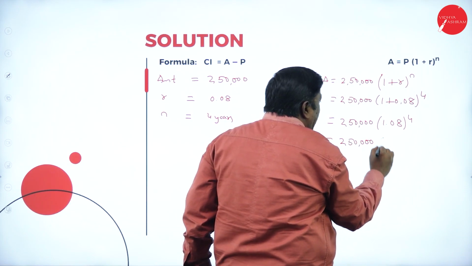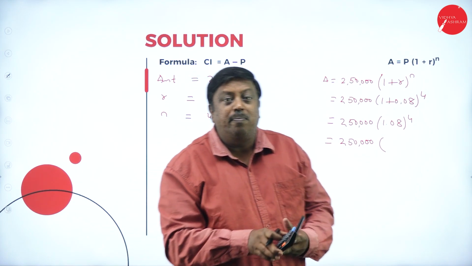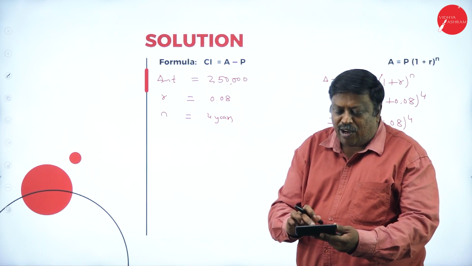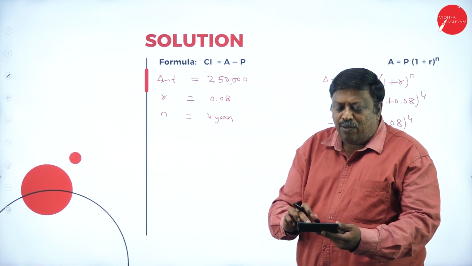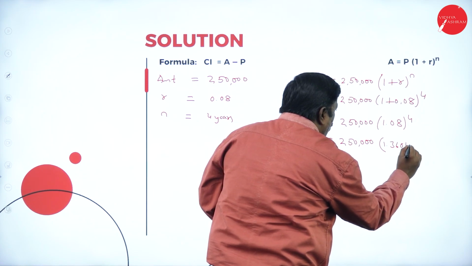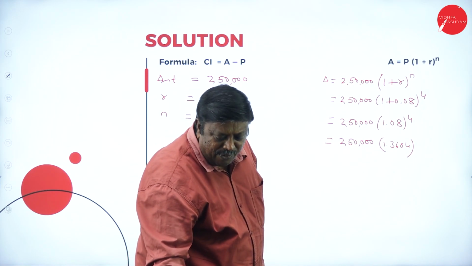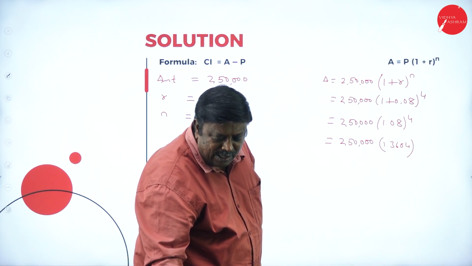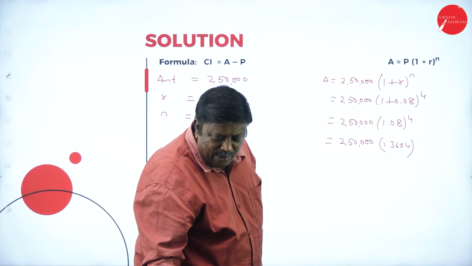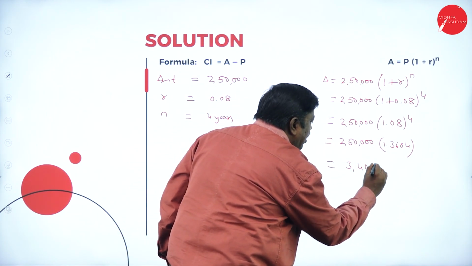2,50,000 into 1.08, we have to multiply 4 times, 1.08 into 1.08, 4 times. It will be 1.3604. 1.3604 into 2,50,000 will be 3,40,100.